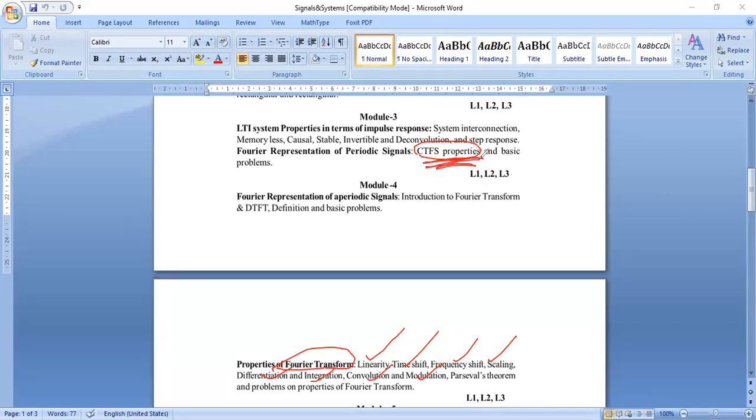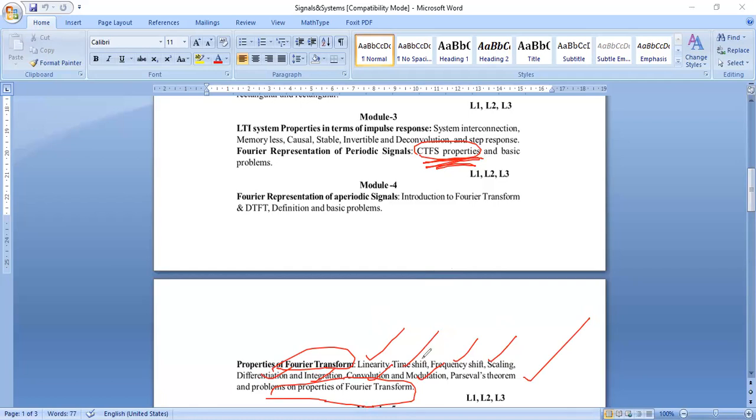I hope you can understand the steps and write them on your own. So I will concentrate only on problems based on the properties of Fourier transform. If I do that, I can easily complete this module, because the fifth module is very lengthy. If I still stay in the fourth module, I cannot complete the syllabus within the dates.